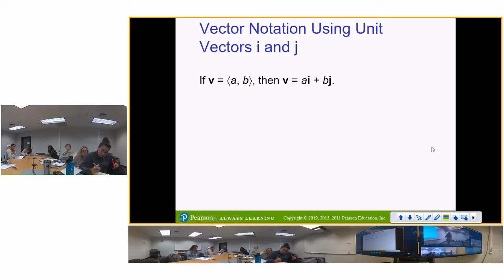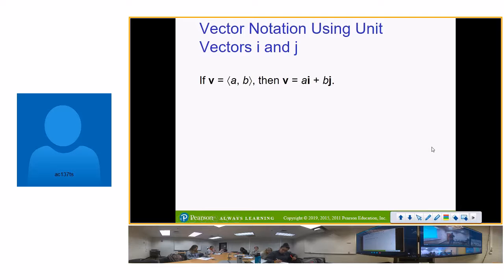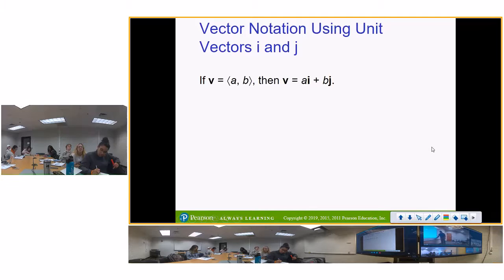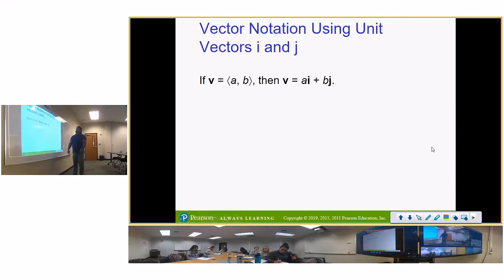So you could rewrite vector AB in terms of the unit vector by saying a number I plus a number J. Now you're also going to see this in polar coordinates too. They're going to give you an example here in just a second. It'll make sense.